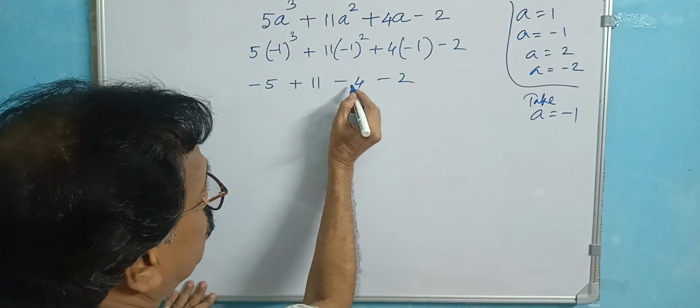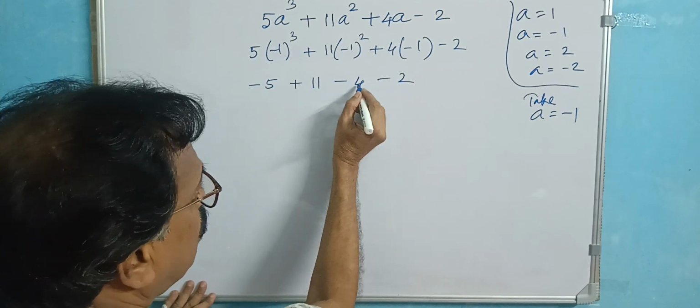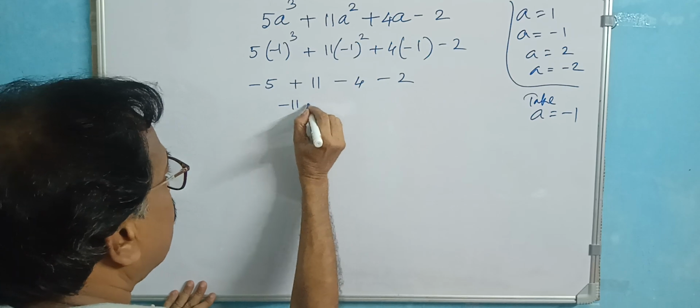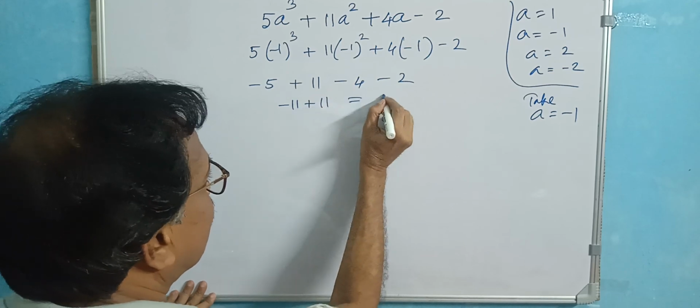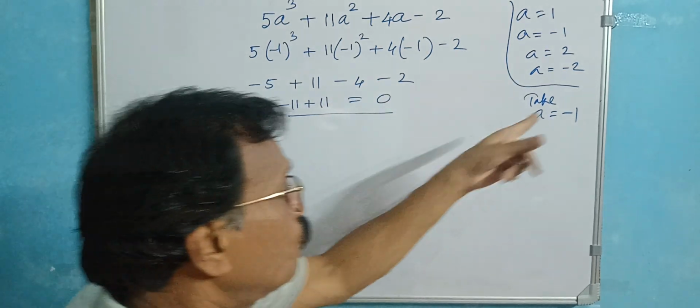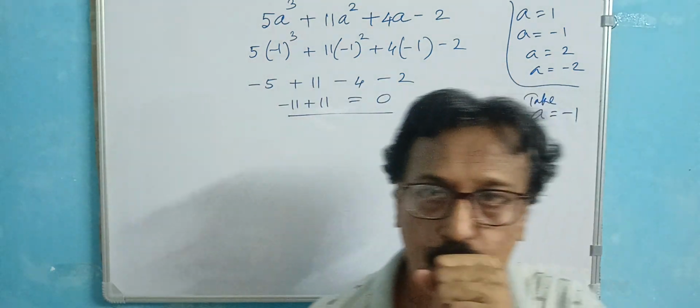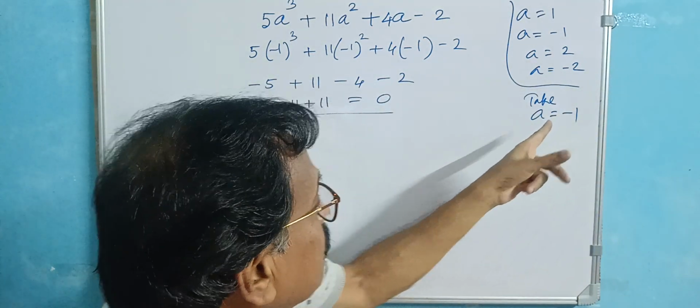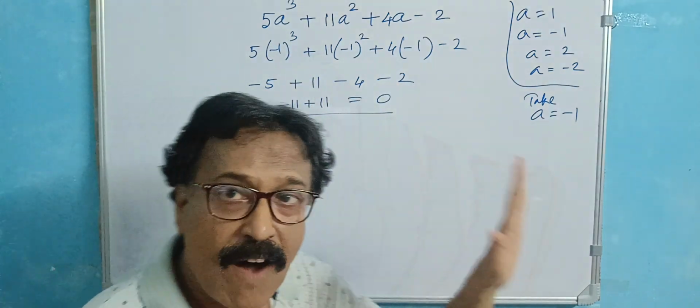Minus 5 minus 4 minus 2 is minus 11, so minus 11 plus 11, oh yes, this is 0. So a is equal to minus 1 gives 0. This is the first stage.